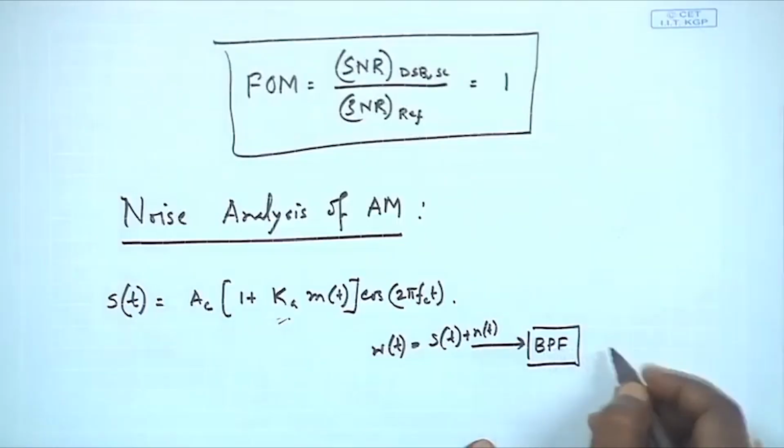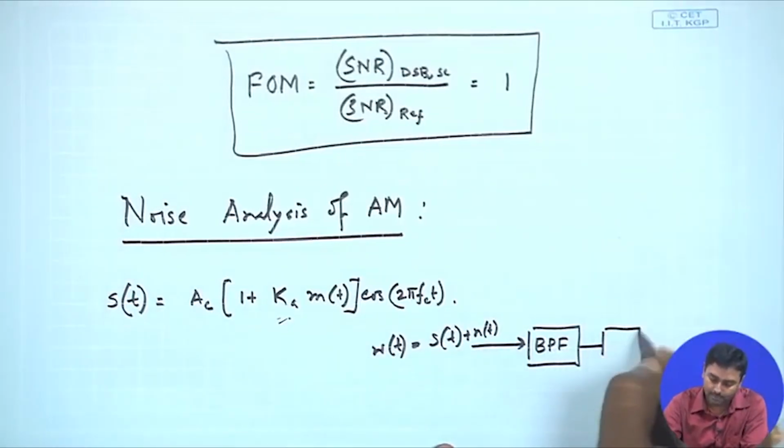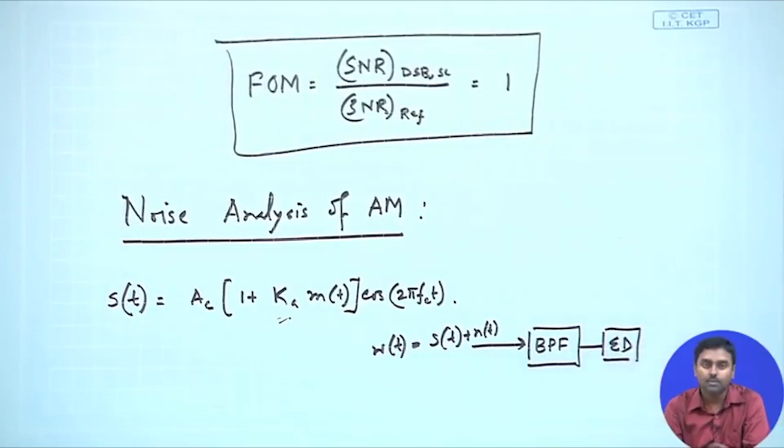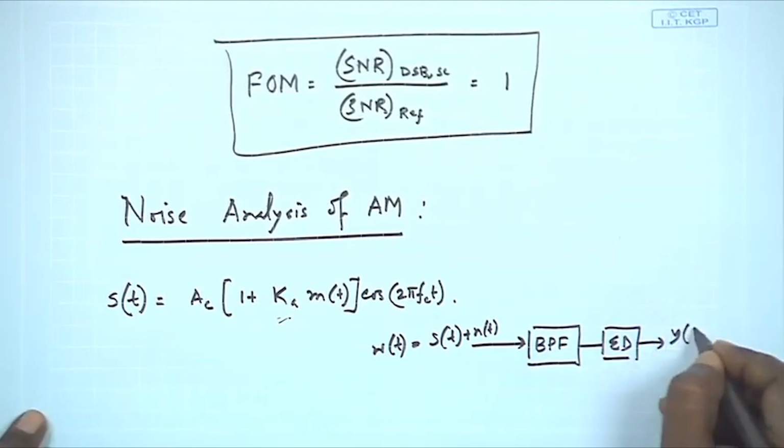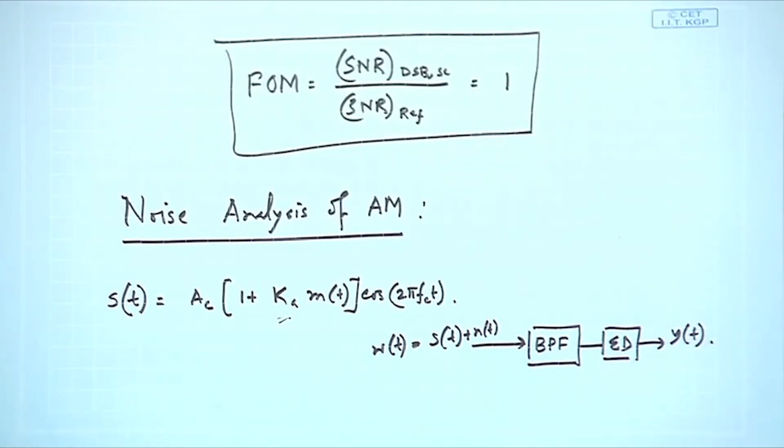If it is a low pass signal, you will have a low pass filter. If it is a signal having some bandwidth at a particular band, then you have to put a band pass filter. So, you put a band pass filter followed by just envelope detection. This was our amplitude demodulation, right. So, we will not change that circuitry. So, that must be our Y(t).